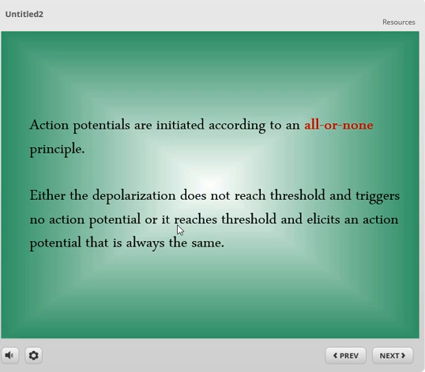I emphasize the action potentials are initiated according to an all or none principle. Either the depolarization does not reach threshold and triggers no action potential, or it reaches threshold and elicits an action potential that is always the same.